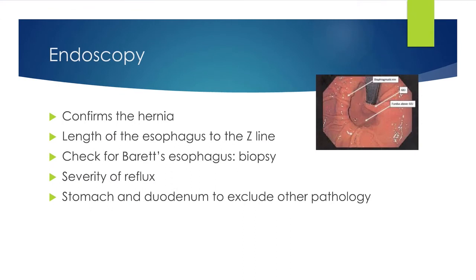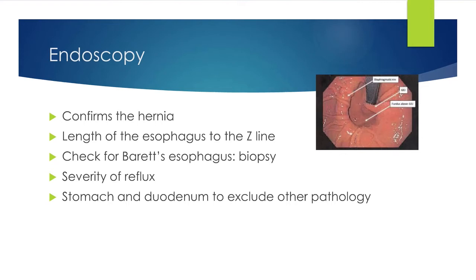With a hiatus hernia, particularly the sliding hiatus hernia, when you look at it inside the stomach, this is a retroflexed view of the gastroesophageal junction. So the scope is retroflexed to have that view from below that will show you the gastroesophageal junction and the fundus of the stomach.